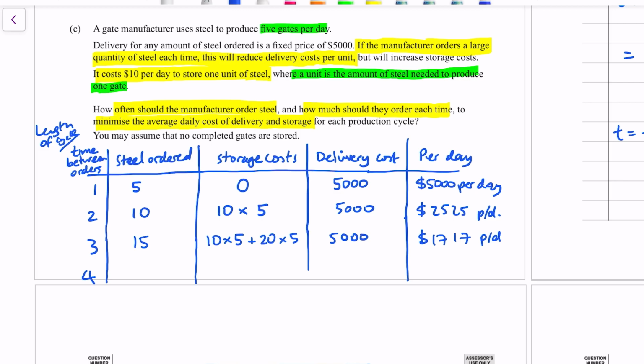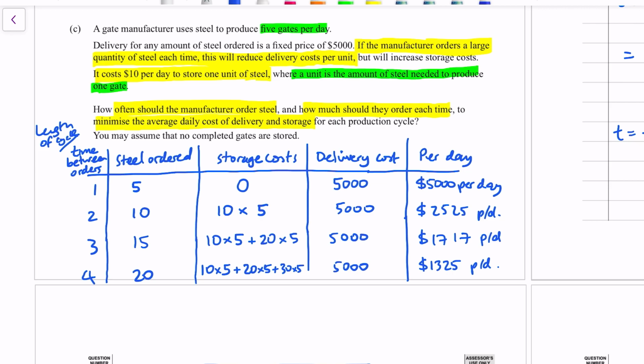If you order for 4 days, 20 steel ordered, 5 gets used straight away, 5 will be charged for 1 night storage, 5 will be charged for 2 nights storage, and 5 will be charged for 3 nights storage. $5,000. If you add those two together, divide by 4, you end up with $1,325 per day.